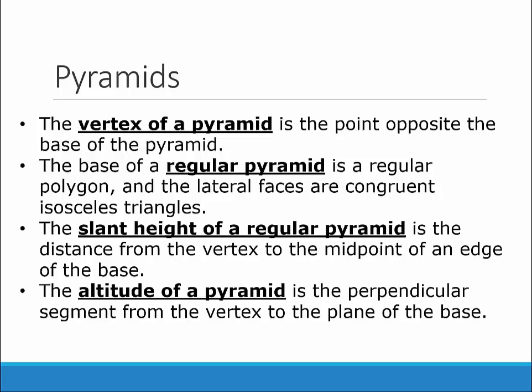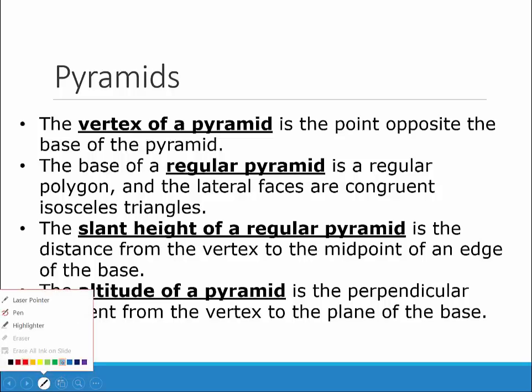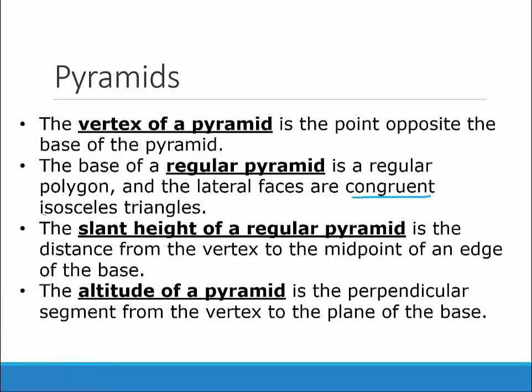So the vertex of a pyramid is the point opposite the base. The base of a regular pyramid is a regular polygon, and the lateral faces are congruent isosceles triangles. The only ones that we're going to find surface area and lateral area of are regular pyramids. The slant height of a regular pyramid is the distance from the vertex to the midpoint of an edge of the base.